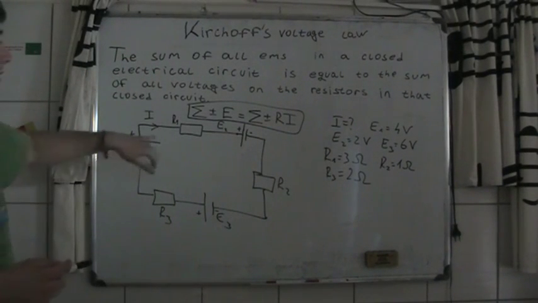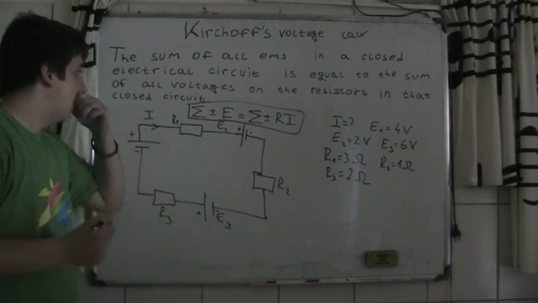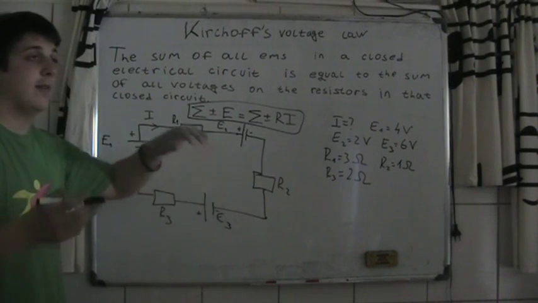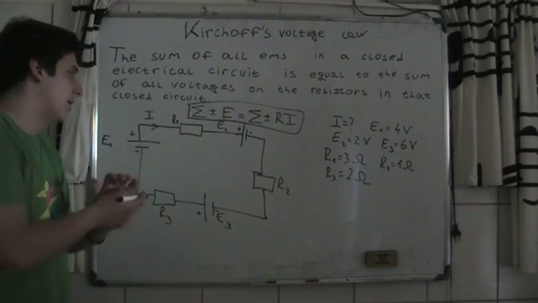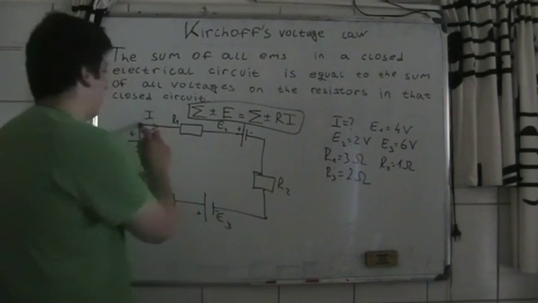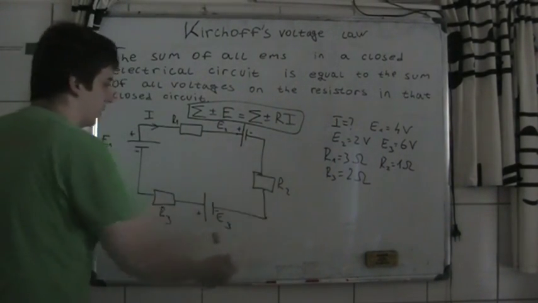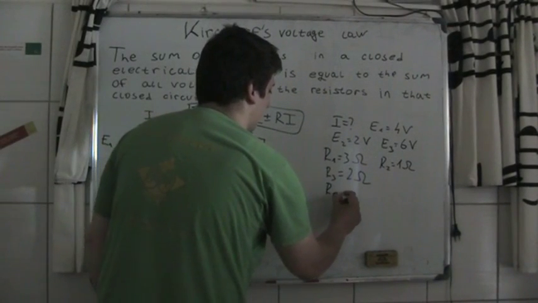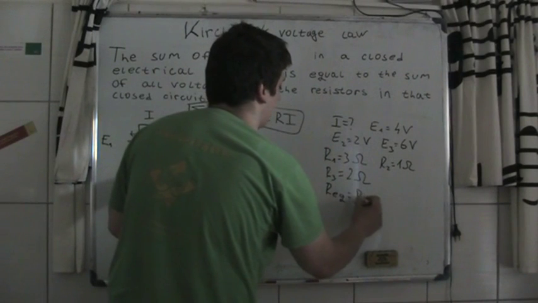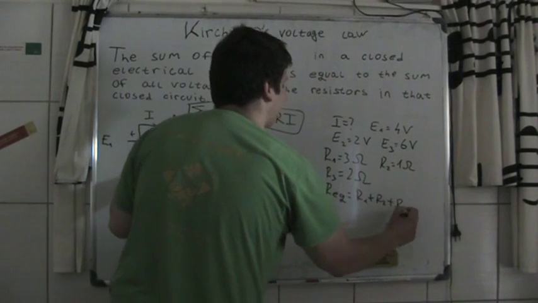Now you can see that we have resistors that are connected in series. Why? Because this one current is going to flow through all these conductors. So we can make an equivalent resistor Req that is equal to R1 plus R2 plus R3.